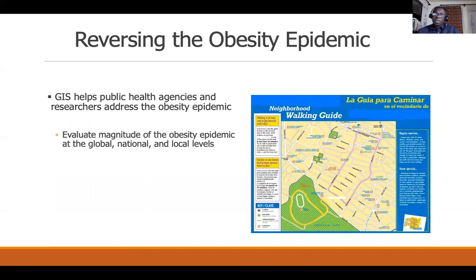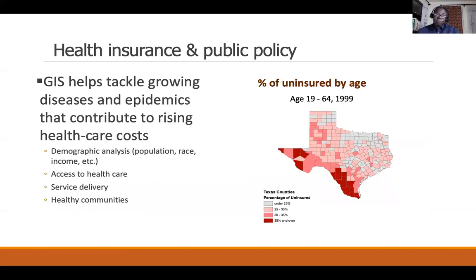Several examples can be seen. For instance, reversing the obesity epidemic. GIS can help public health agencies and researchers to address the obesity epidemic. In health insurance, GIS can be used to understand the percentage of uninsured people by age.